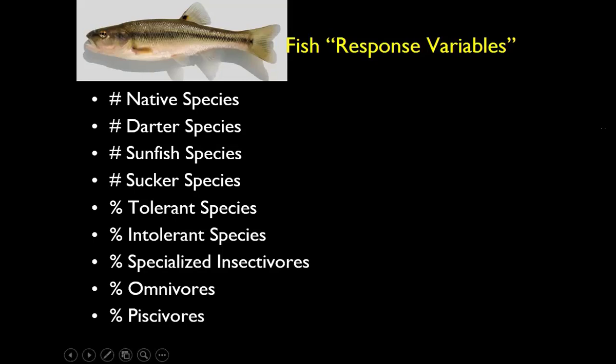This dude, what order and family are you thinking based on his fins? Yeah, probably Cypriniformes, because it's got a single soft dorsal, and there's two families in Cypriniformes, and I'm embarrassed, I forgot, what are they again? What are the families in Cypriniformes? Minnows and suckers.